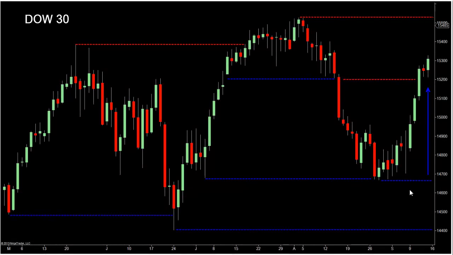The pattern in the Dow 30 is very similar to that in the S&P. The Dow also traded above its prior multi-year high made back in May in the beginning of August. The Dow also consolidated at its new multi-year high before breaking below near-term support in mid-August.